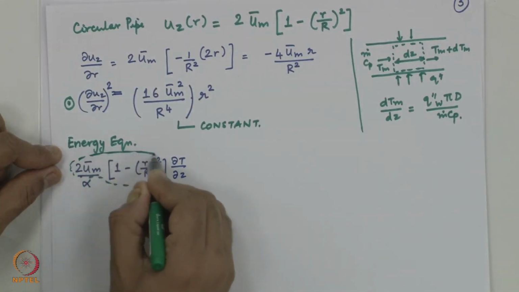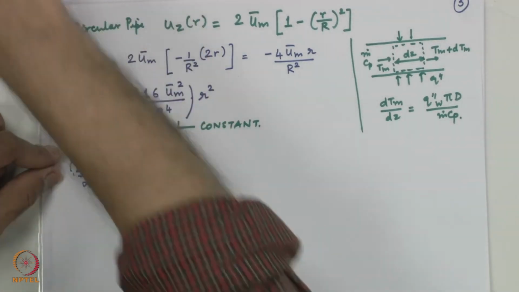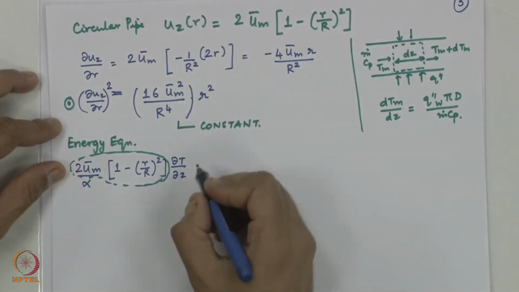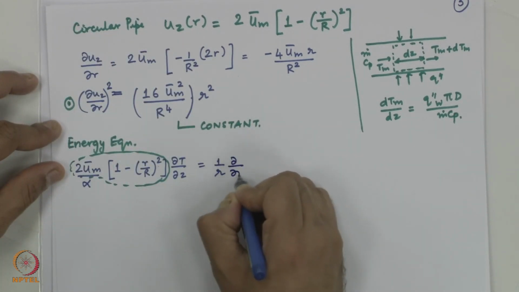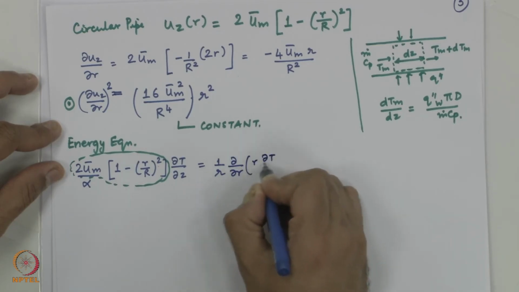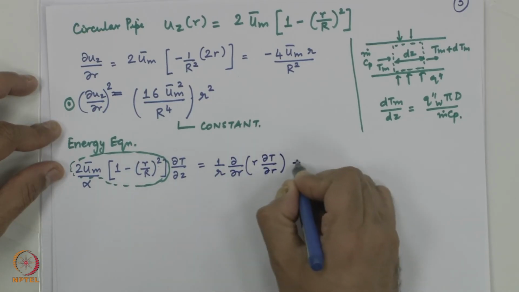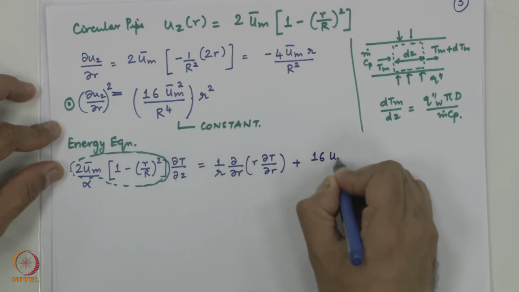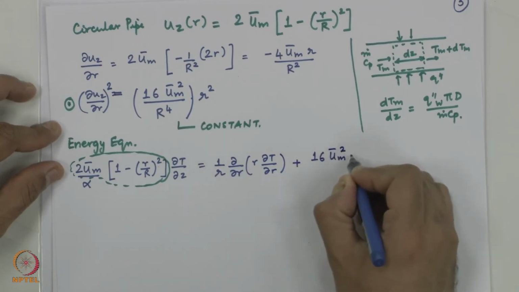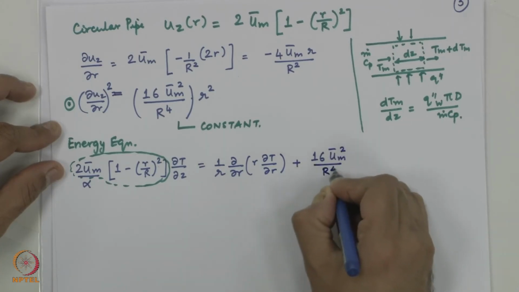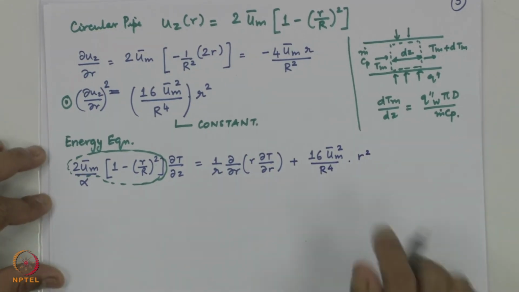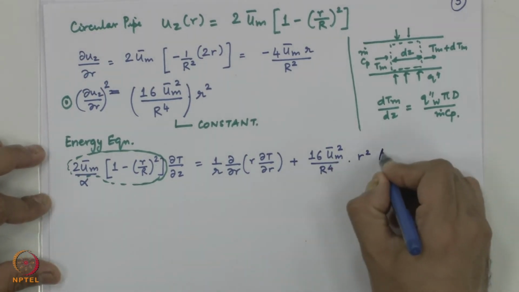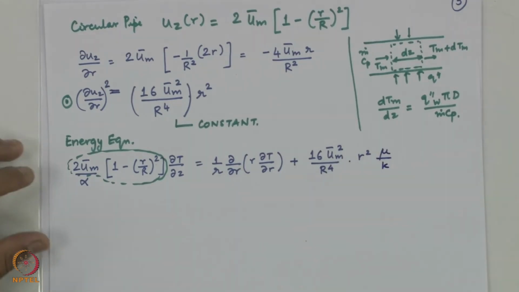I just substituted the velocity profile, is equal to 1 by r d by dr of r dT by dr plus 16 u_m bar squared divided by capital R to the power 4 times small r squared into mu by k, of course, mu by k is also going to be there.